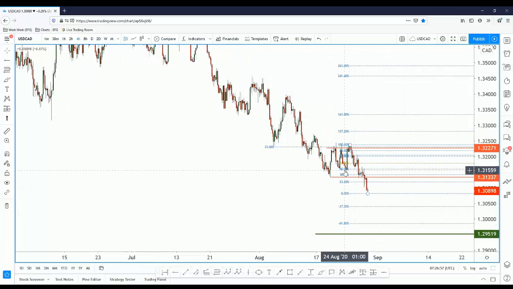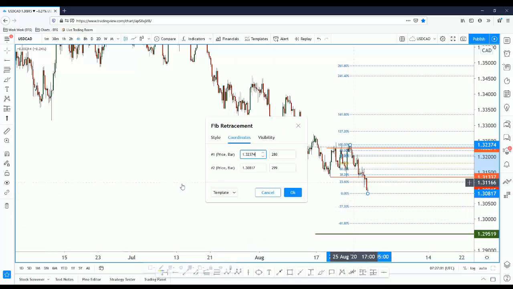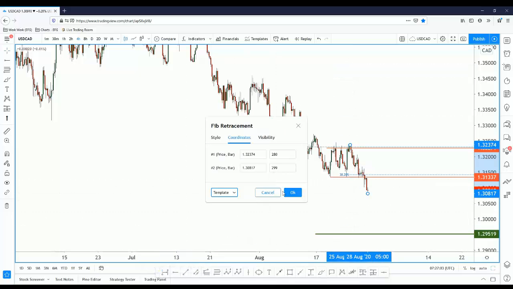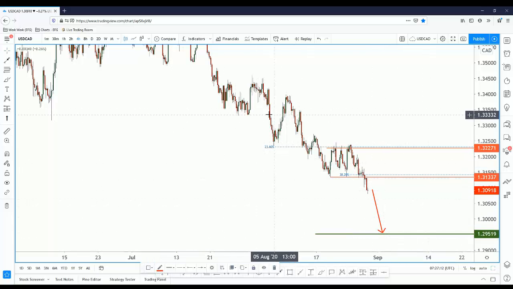So if anything, price has already surpassed strong supports. So the bias that we have is for price to actually push down to the 2020 low, all the way down to 1.2951. So what we have to do now is to look for a nice entrance.